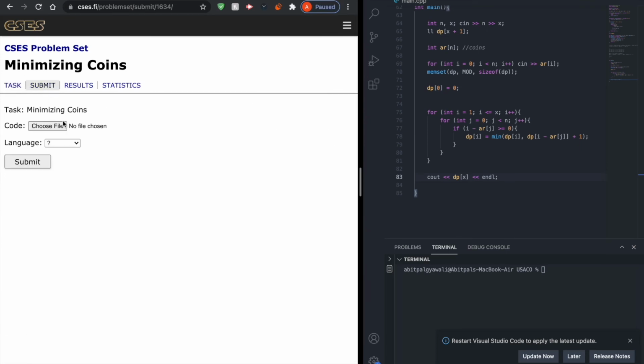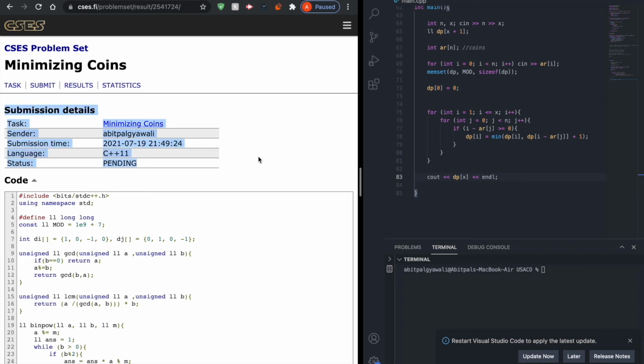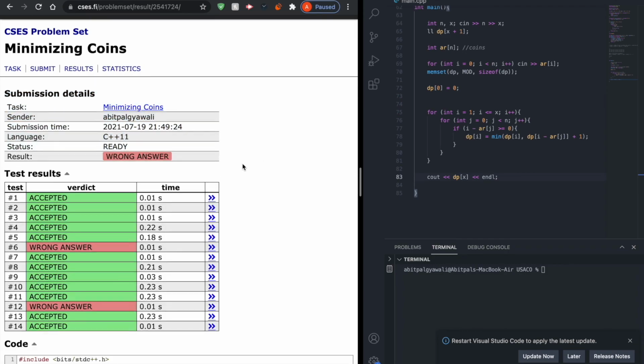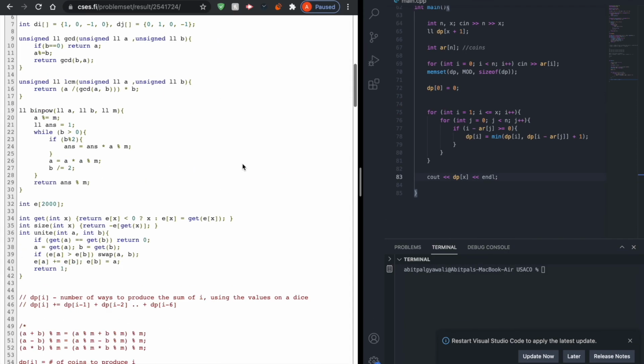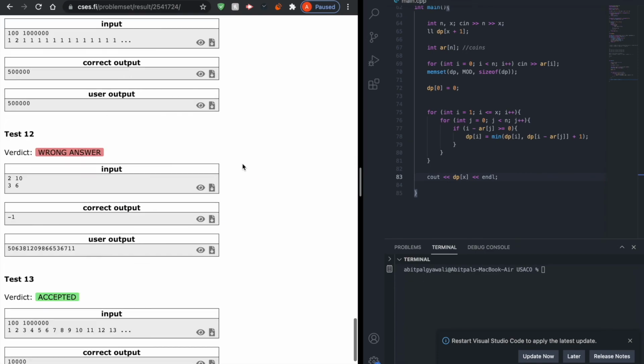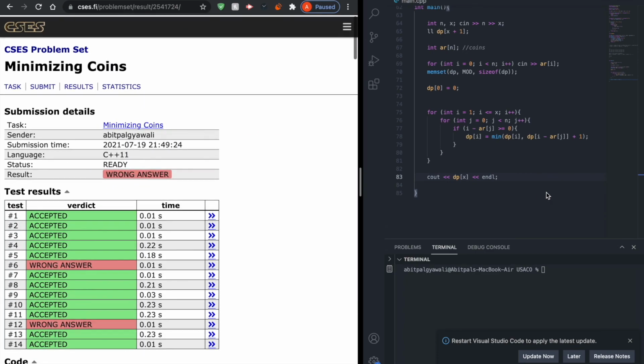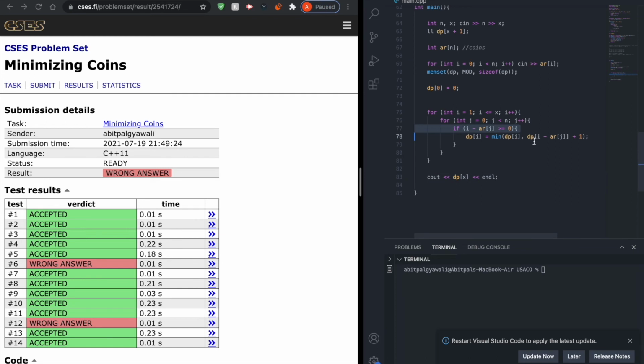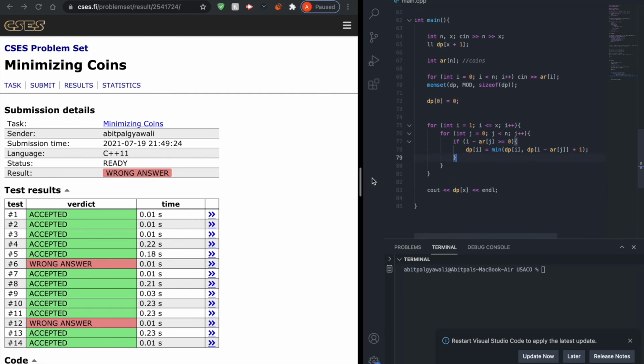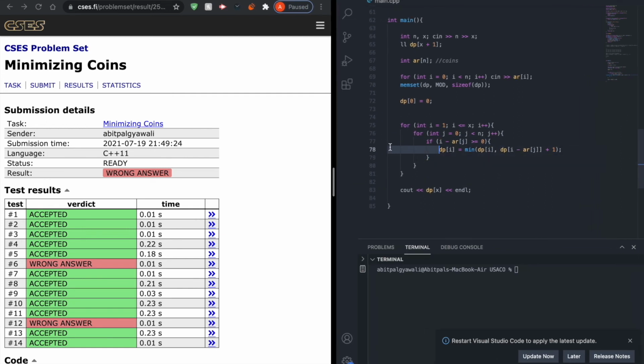We'll go over here and submit the file, and whoa, we have a couple wrong answers. It's not good practice to look at these values, so we'll just try to figure it out on our own.